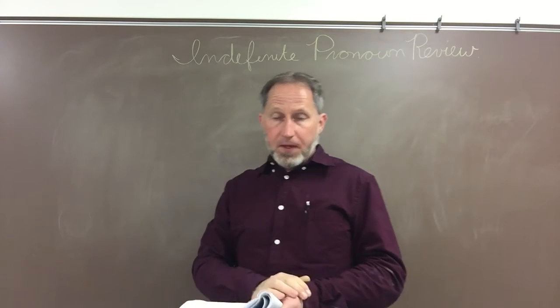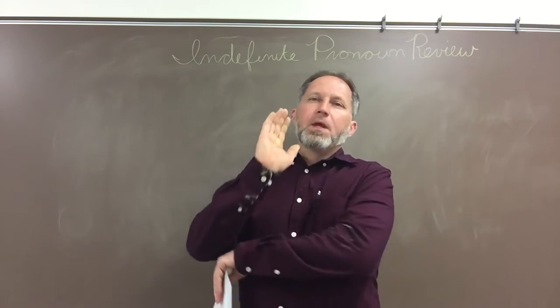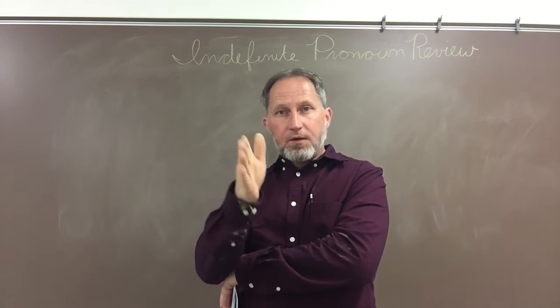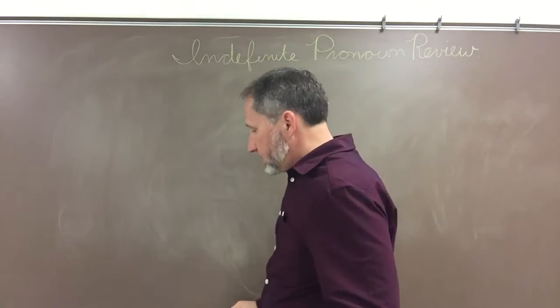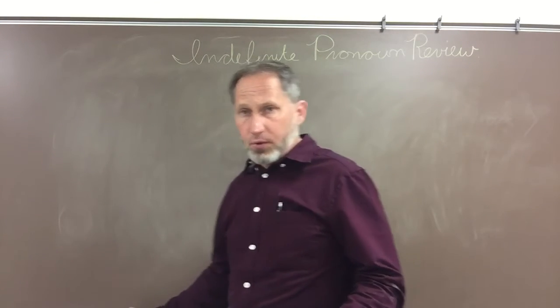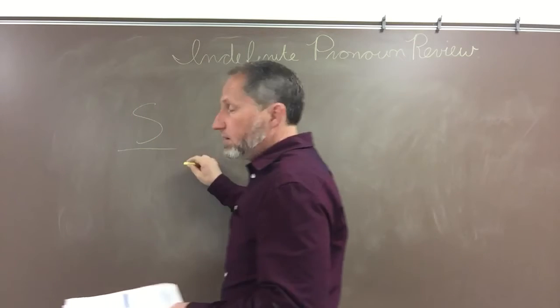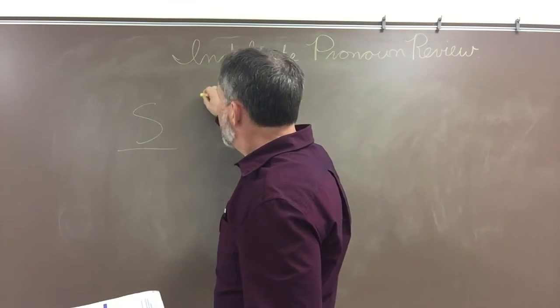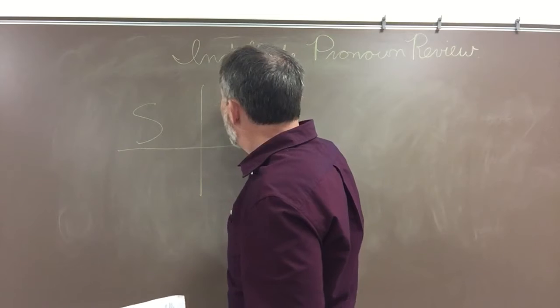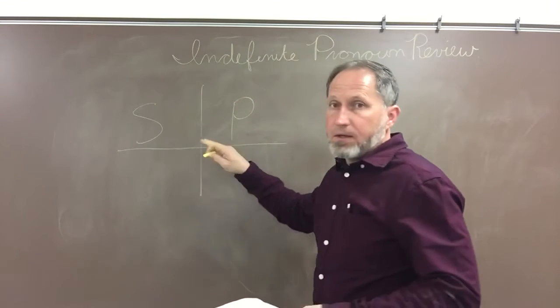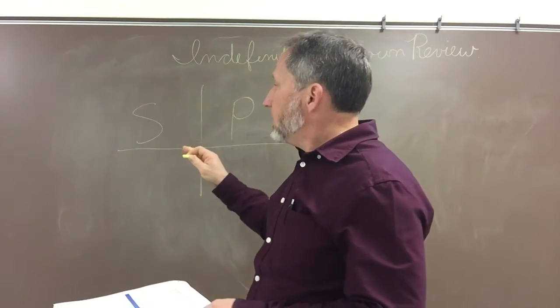So let's think about it. Now, the main thing we need to talk about has to do with subject-verb agreement. That's the only reason this lesson is important. We know that a singular noun or subject needs to match with a singular predicate. So subjects and predicates need to match.